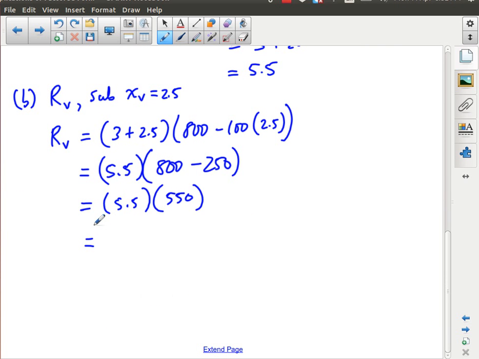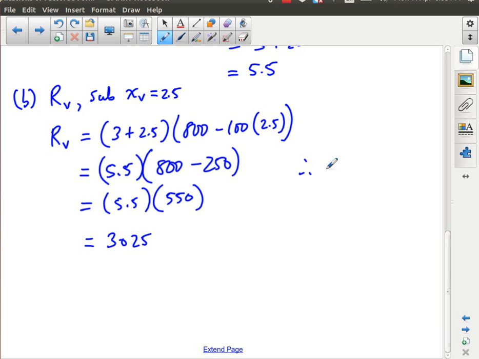And that is going to work out to be, and I'm not going to trust myself to do that in my head, so I'll just grab a calculator. $5.5 times 550 gives us 3025.